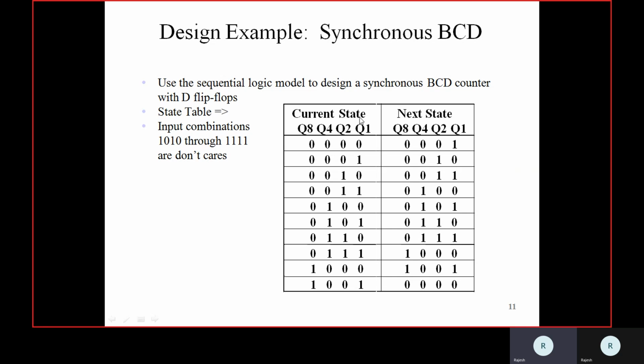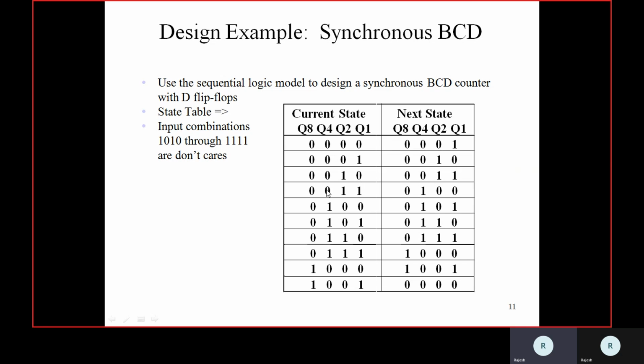You can see the current state in 8421 format, it is Q8, Q4, Q2, Q1, which is all zeros, 0001, 0010, and so on up to 1001. If it is acting as a synchronous counter, for every clock pulse, 0000 becomes 0001. For the next clock pulse, 0001 becomes 0010. For the next clock pulse, 0010 becomes 0011.